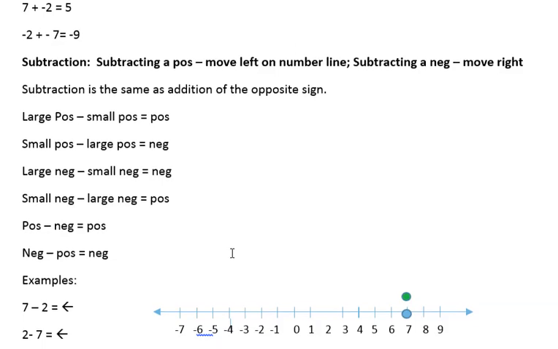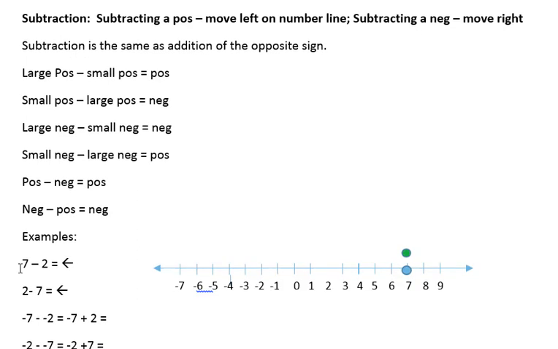So subtraction, we're moving the opposite direction, left when subtracting a positive, right when subtracting a negative. But the other thing to keep in mind with subtraction is that subtracting is the same as adding the opposite sign. So 7 subtract 2 is the same as 7 plus negative 2. Either way, that says move to the left.